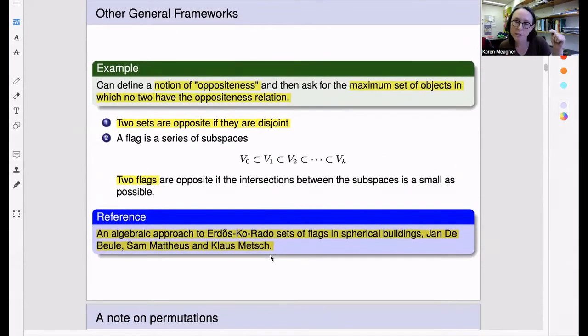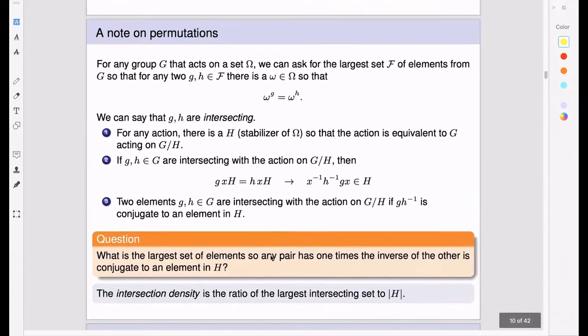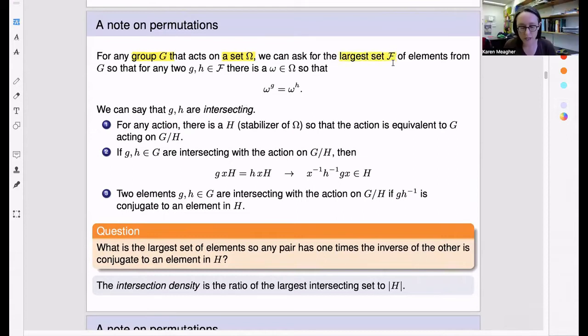I was actually going to spend a little bit of time looking at a couple of examples where people have spent a lot of effort looking for EKR theorems. And my favorite these days are permutations. So if we have a group and it acts on a set, we can always ask for the largest set F of elements from G so that if I pull out any two group elements from my set, there's an element in the set the group acts on so that g and h map that element to the same spot.